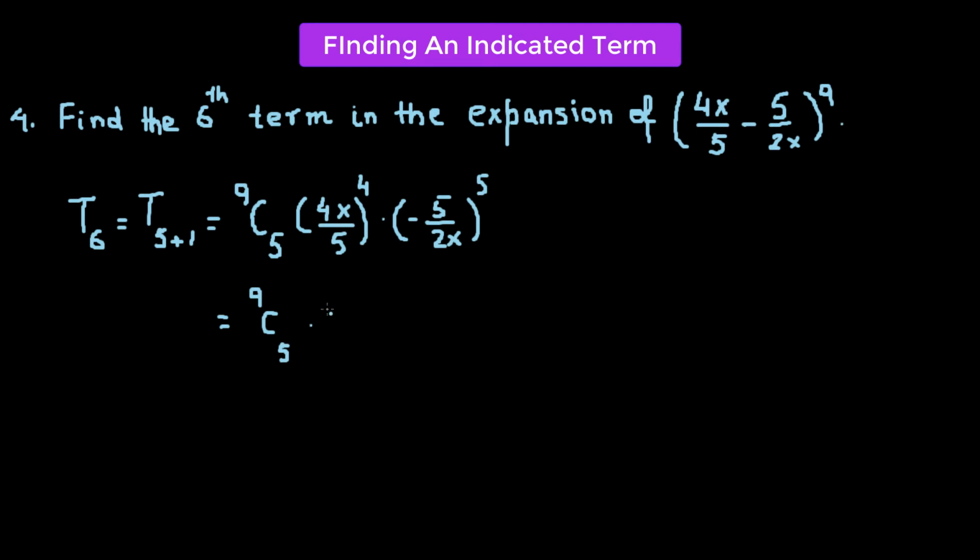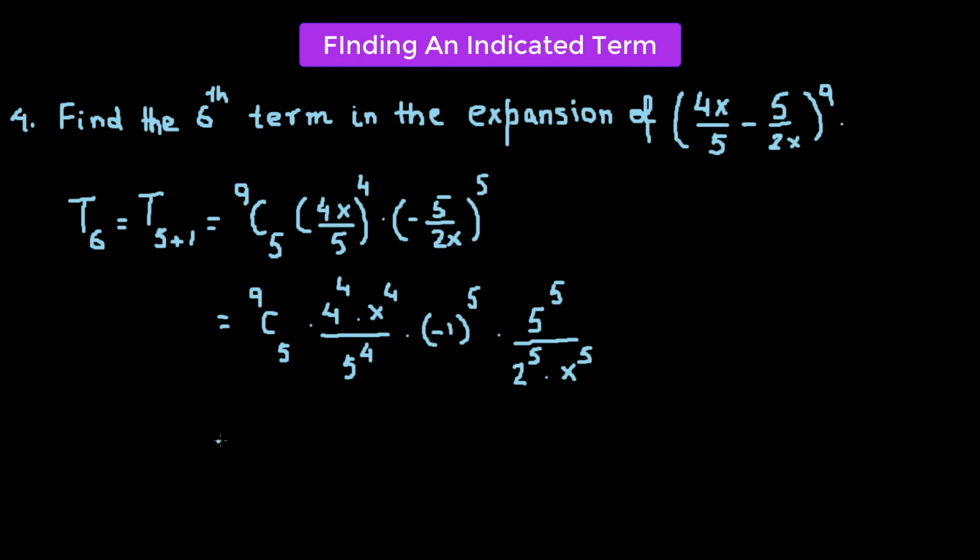So we have 9C5 times 4 raised to the power of 4 times x raised to the power of 4 divided by 5 raised to the power of 4, times negative 1 raised to the power of 5 times 5 raised to the power of 5 divided by 2 raised to the power of 5 times x raised to the power of 5.